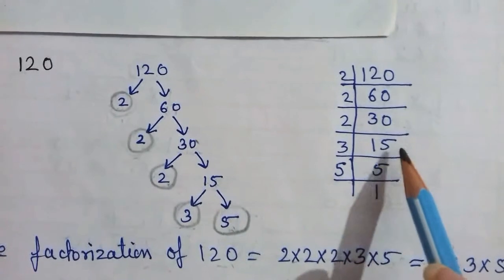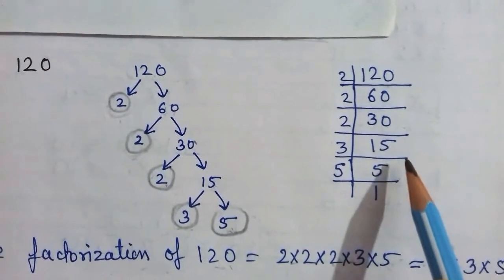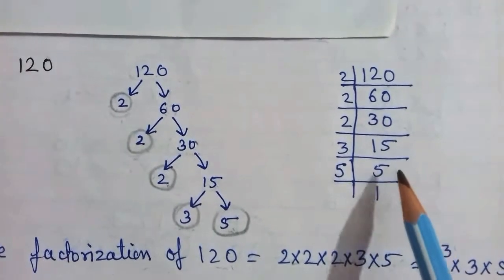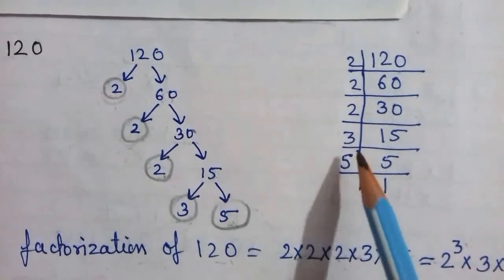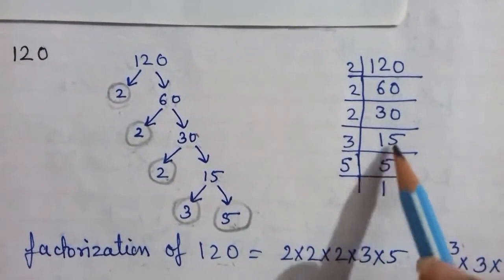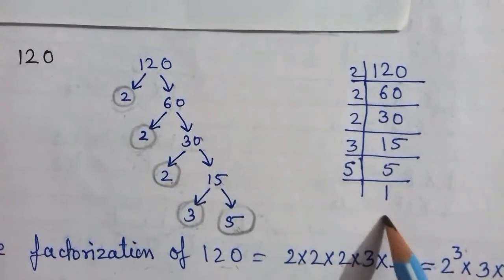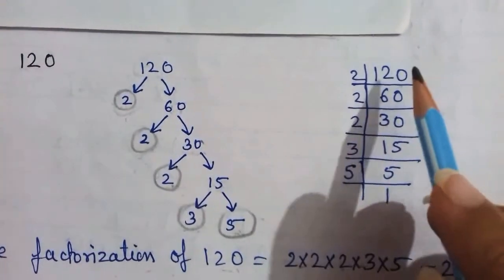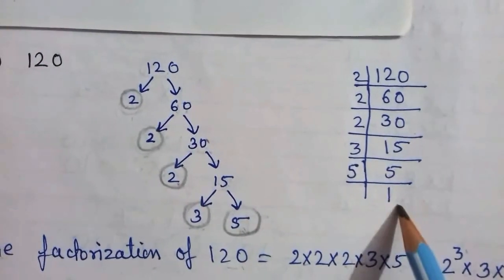Now 15 is not divisible by 2, so we divide 15 by the next smallest prime number, that is 3. 3 5s are 15. Now 5 1s are 5. Okay. We repeat the process till the quotient becomes 1.